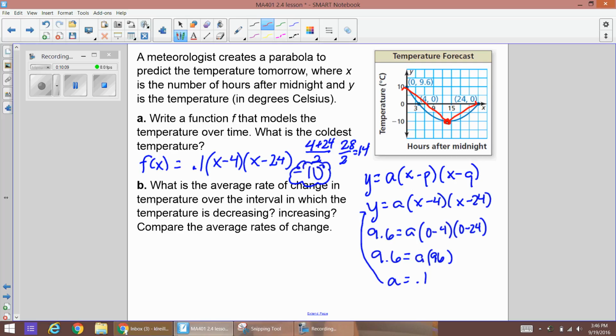The rise would go from -10 to 10. So rise is 20. And then your run is from 14 to 0. So that's 14. Please remember that that's negative. Okay, and then let's reduce this by a 2. So we have -10 over 7, is from 0 to 14 hours after midnight.